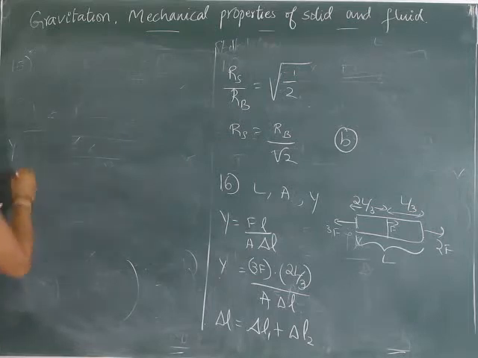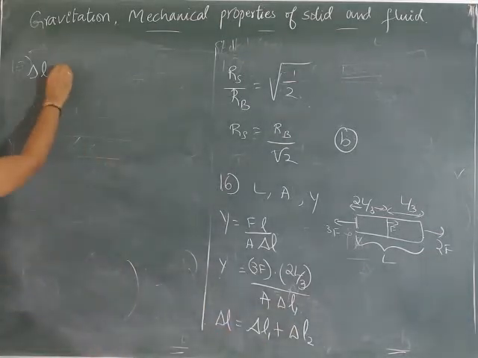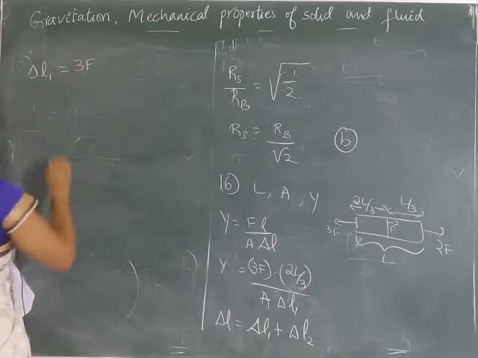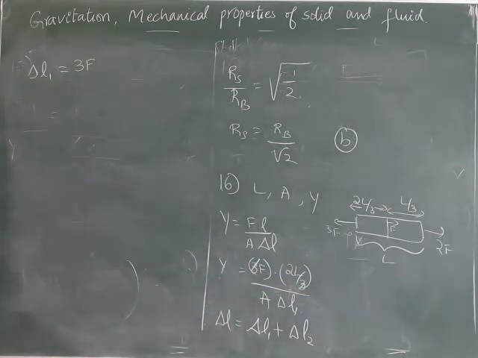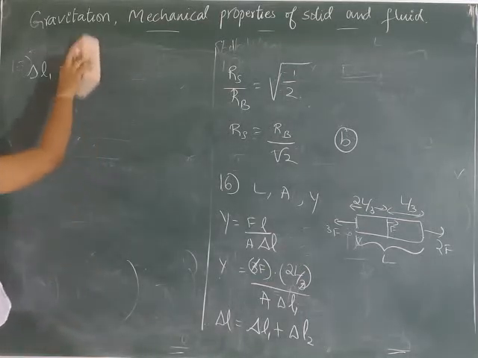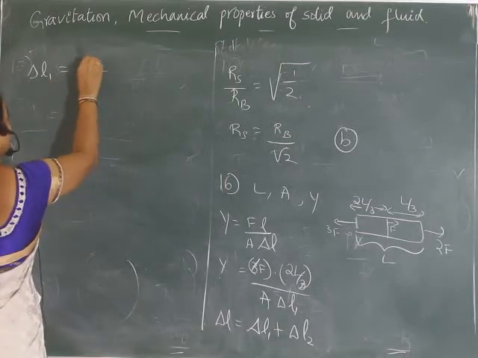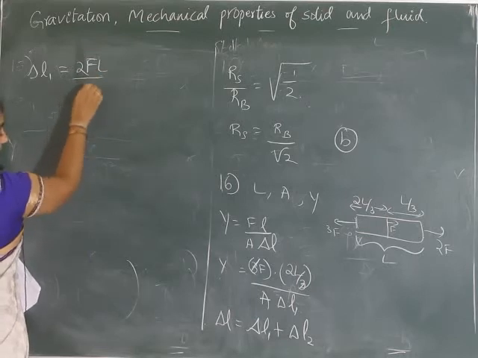For the first one, delta L1 is equal to 3F, see, 3 will get cancelled. So I can write directly 2FL divided by AY.